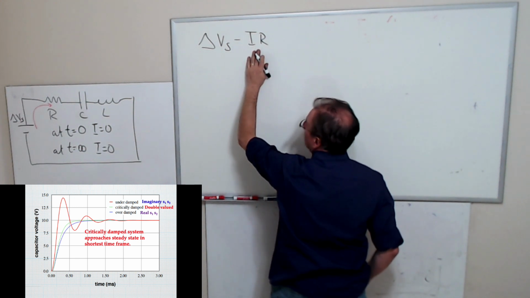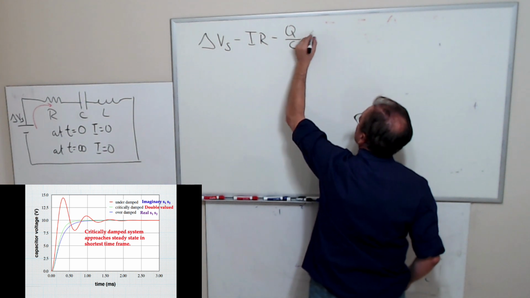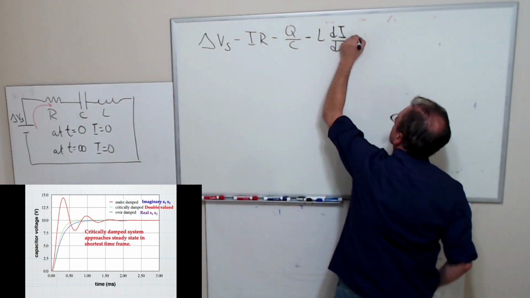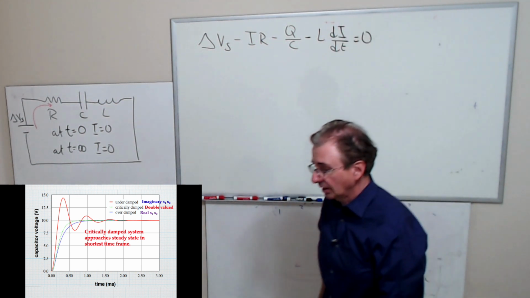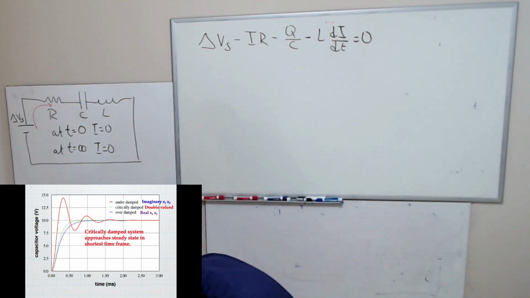This is the voltage drop across the resistor, the voltage drop across the capacitor, and then the voltage drop across the inductor. Look, I'm interested in the current, okay?